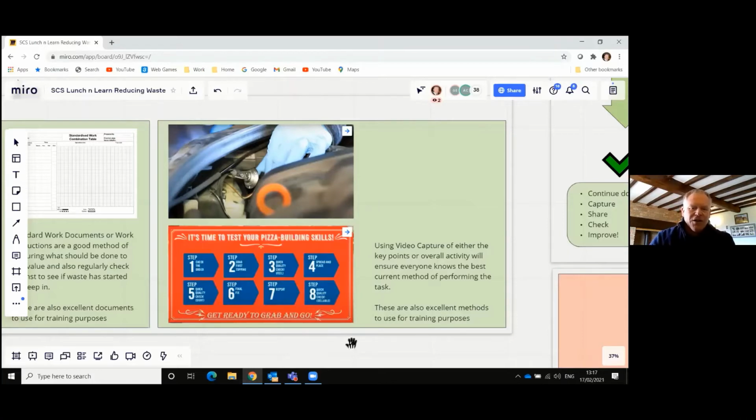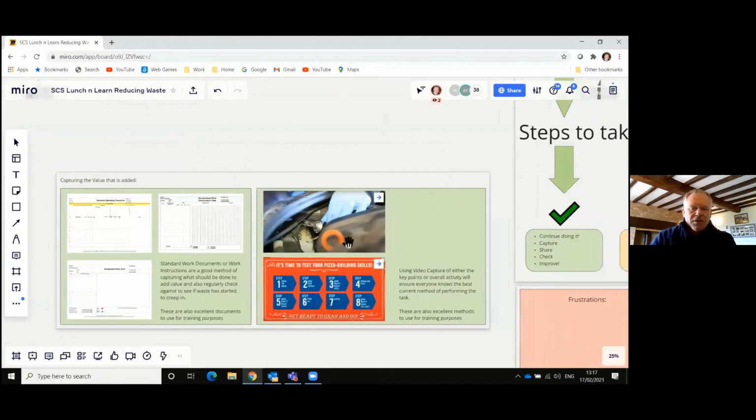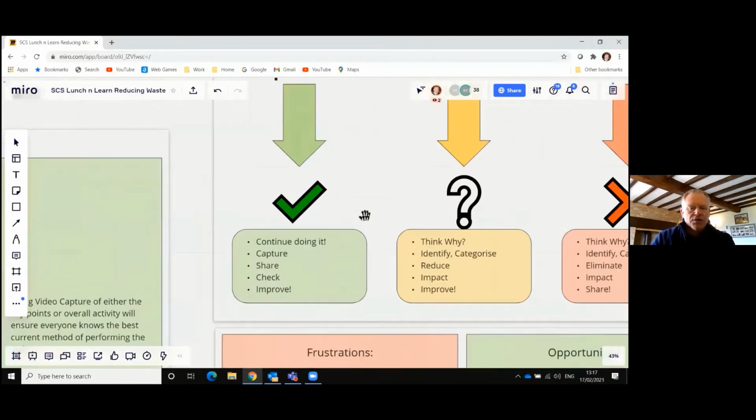And this video around the 8 steps to creating an ideal pizza is just showing simple methods of making sure that quality is maintained, that time and productivity is maintained to ensure that the customer receives what they expected on time and in full. So that's one method of ensuring that we continue to do the value add.